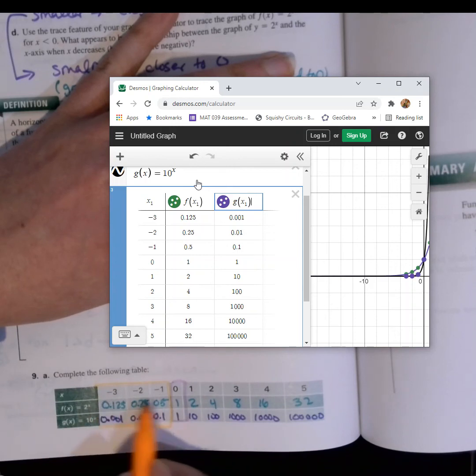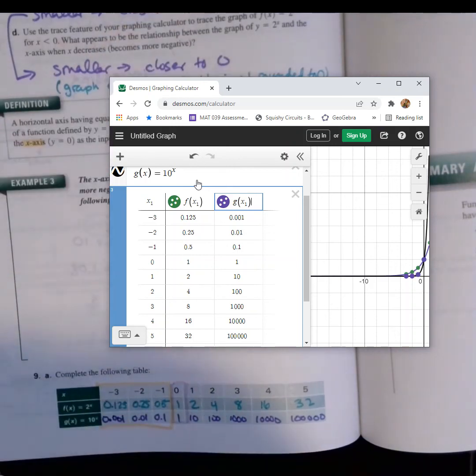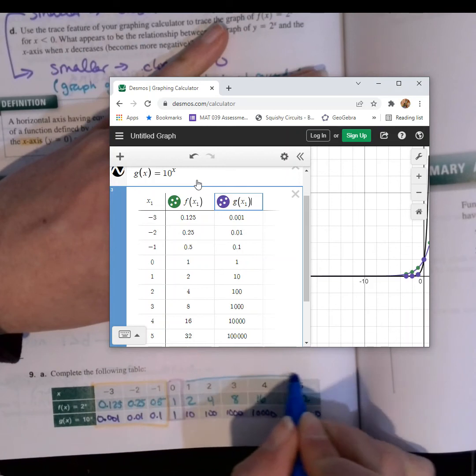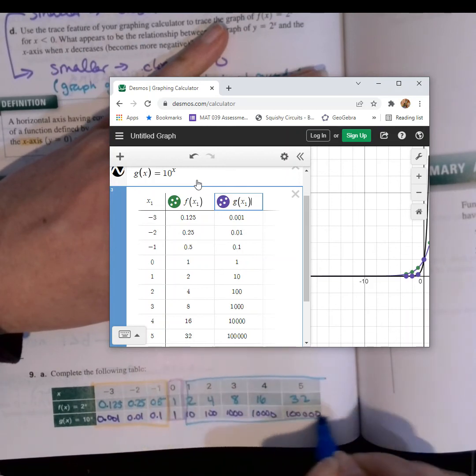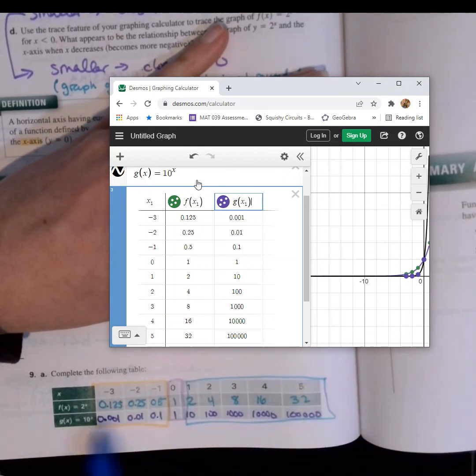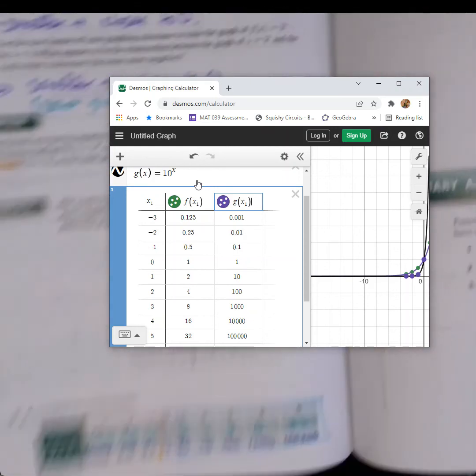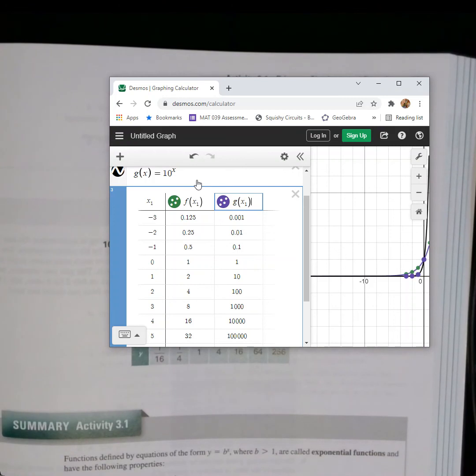They're both getting very, very small, very, very close to the x-axis on this side. And on the other side, when you have positive inputs, you're getting larger and larger. Now, the larger the base is, the larger you get as your output, but we are growing rapidly in both cases. The 10 grows a lot faster because it has a much higher base. We're multiplying by 10 each time instead of by 2.